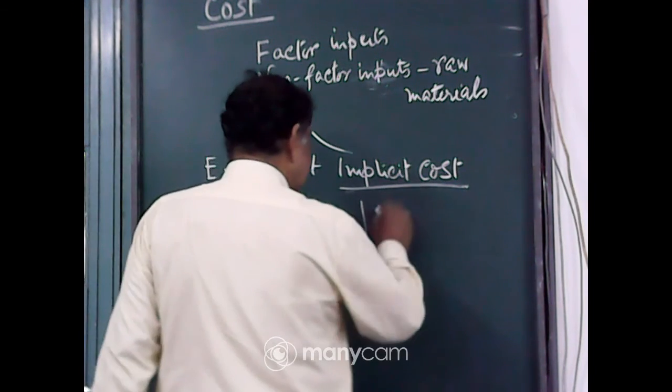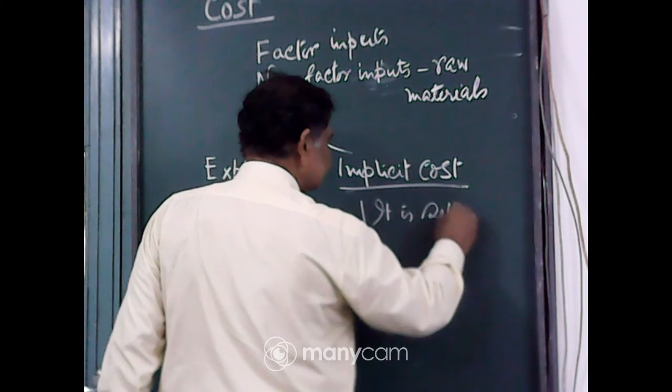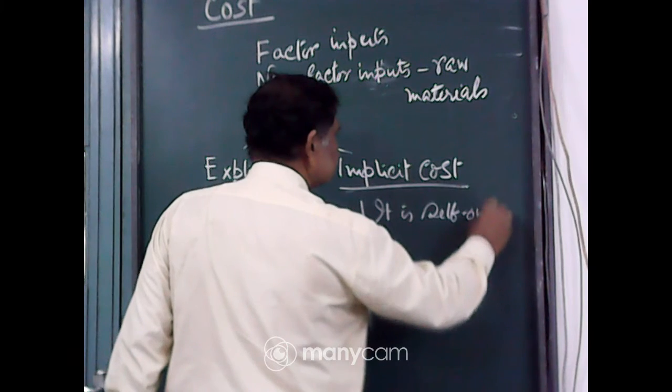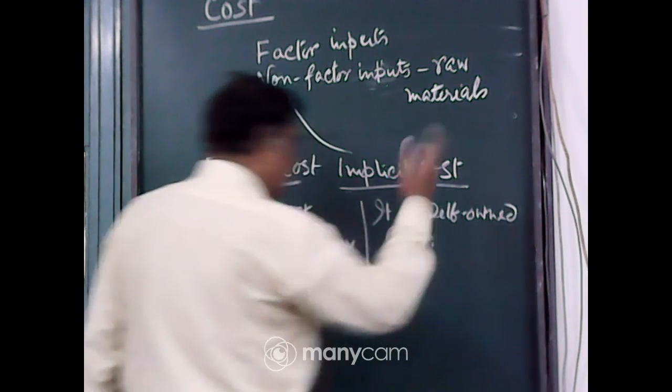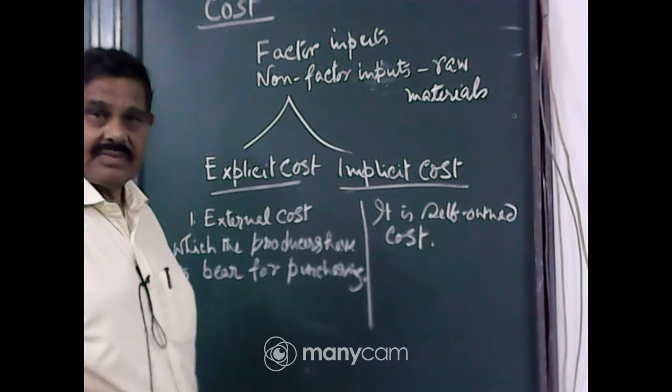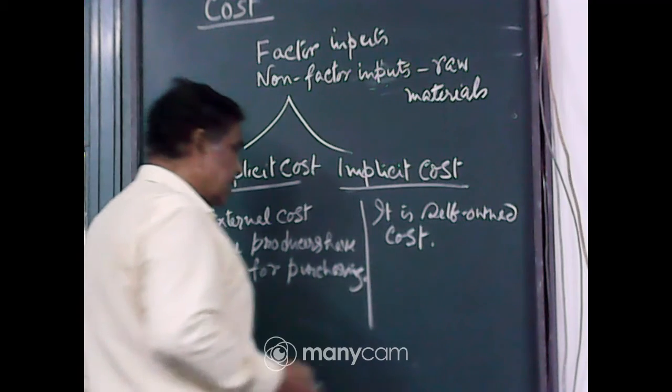But implicit cost is self-owned cost, self-labor given by the producer on his own land, right?